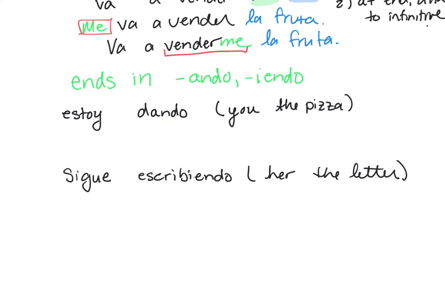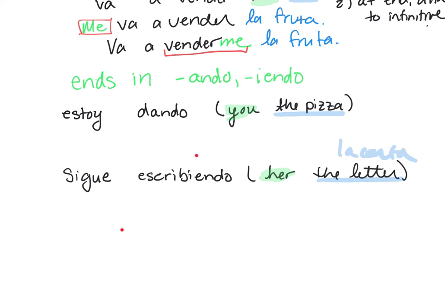So we'll go in and identify our bits a little bit more. Giving what? Giving the pizza. And to whom am I giving the pizza? To you. So you're the indirect. Writing what? Writing the letter, la carta. And writing to whom? Writing to her. Okay. So we have a te on the first one and a le that we need to figure out where to place.